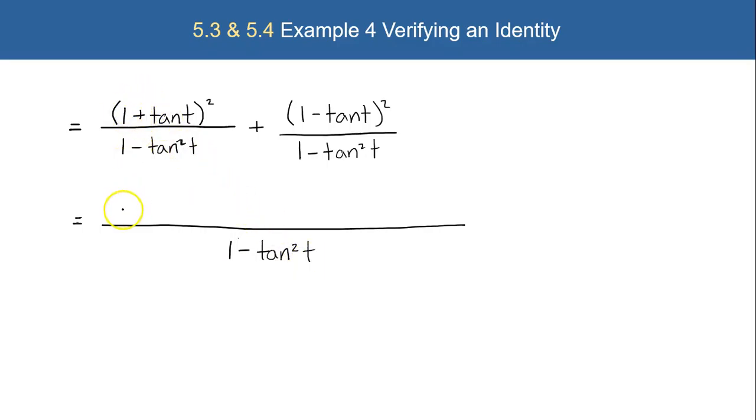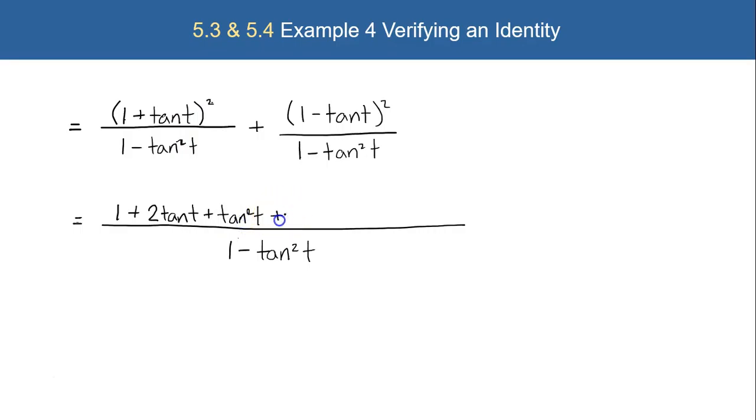I'm going to say 1 squared, then 1 times tangent t times 2, which is 2 tangent t, and then tangent squared t.